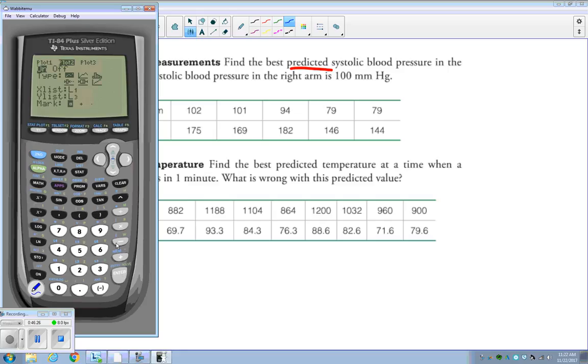Hit enter, and right now I want plot 2 off, because I use plot 2 for my residuals. So I use plot 1 for my stat plot and plot 2 for my residuals. That way I don't have to keep changing whether it's L1, L2, or L3. Once I get that set, it just stays like that.